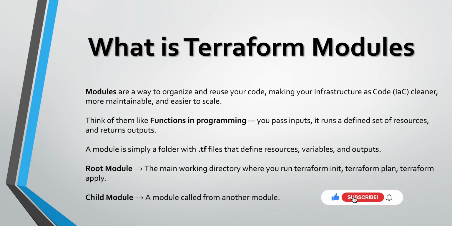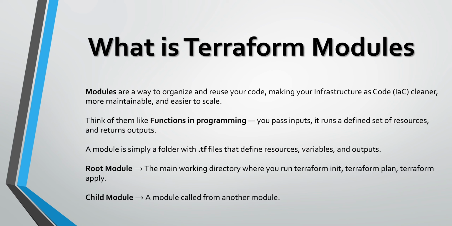You create a module, and a module has some inputs, which are nothing but module parameters. You provide the values of those parameters, then we launch the infrastructure. After the infrastructure is launched on AWS, we return the output of the infrastructure.